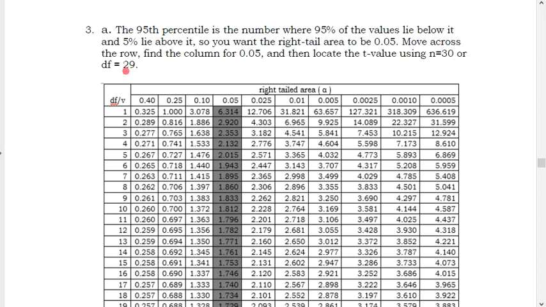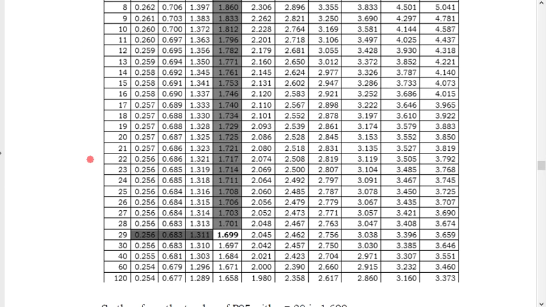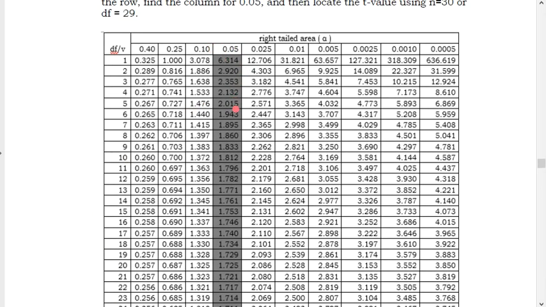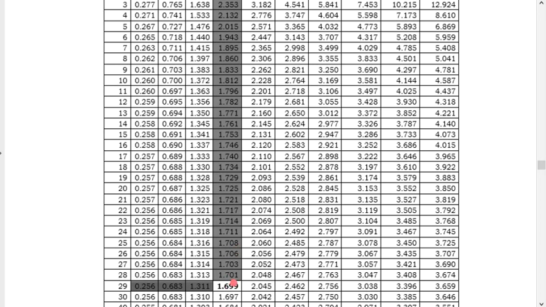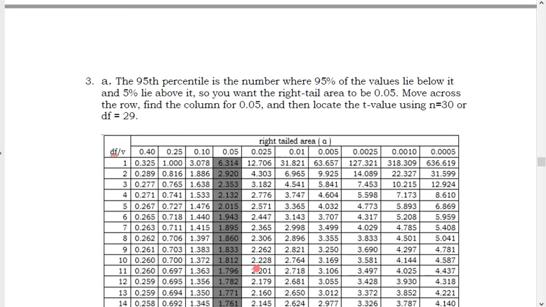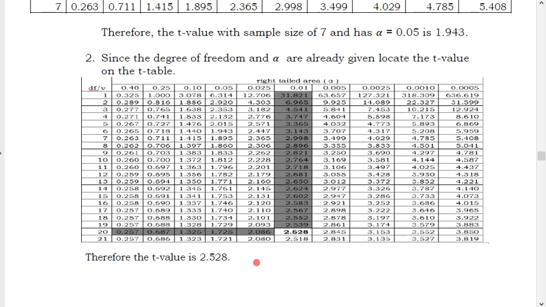Degrees of freedom, 30 minus 1, is 29. With the 0.05 significant level, we have 29 degrees of freedom and we get 1.699. So, that is the t-value.